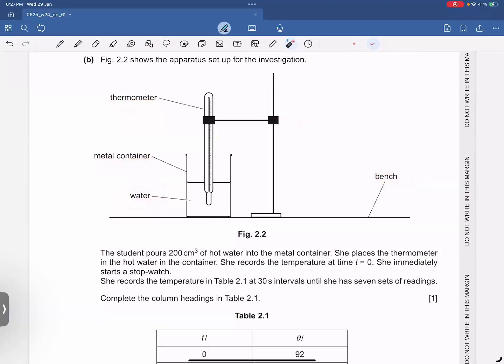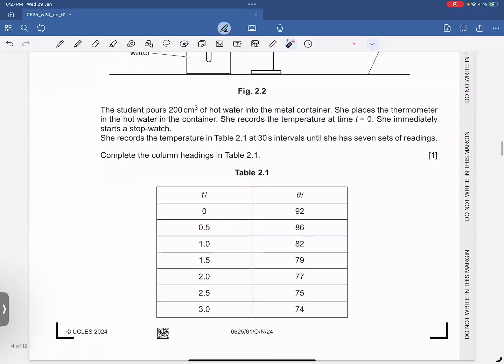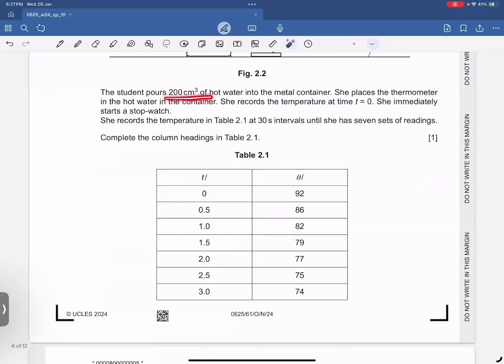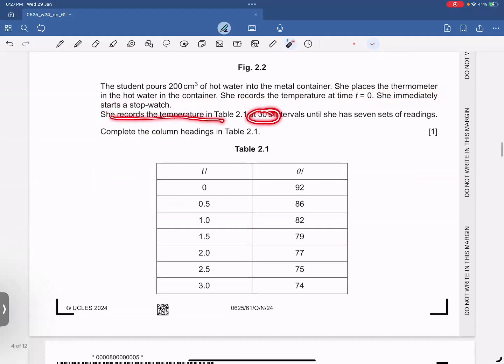The student pours 200 centimeter cube of hot water into the metal container. She places the thermometer in the hot water in the container. She records the temperature at time 0. She immediately starts the stopwatch. She records the temperature every 30 seconds until she has 7 sets of readings.